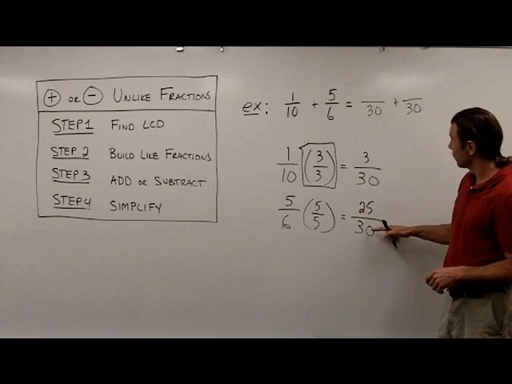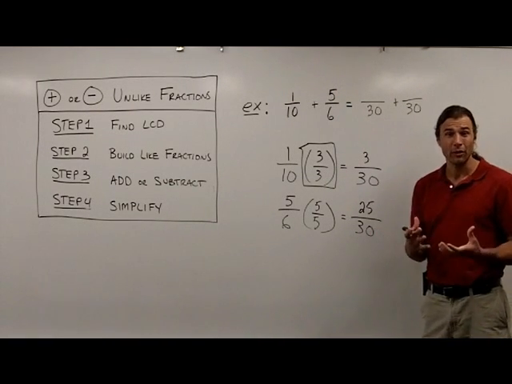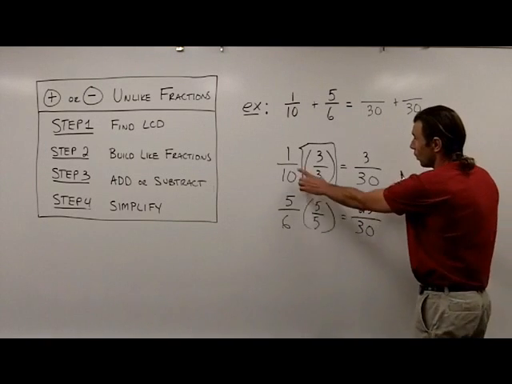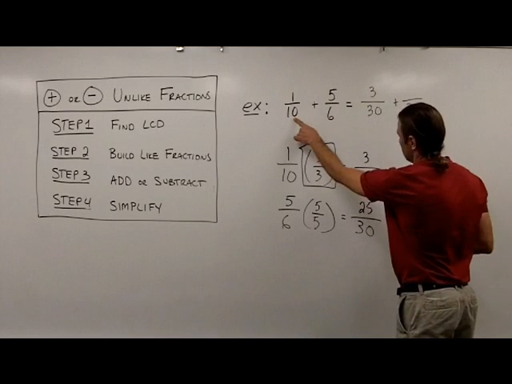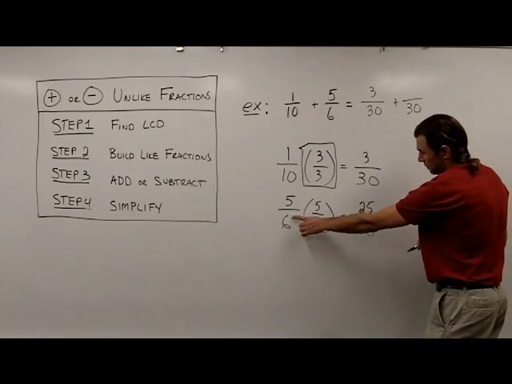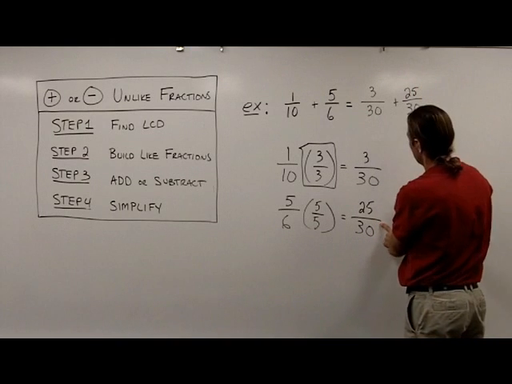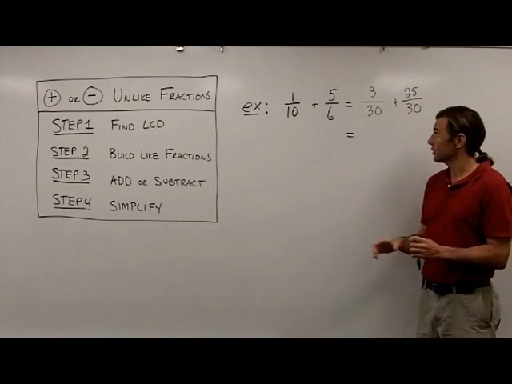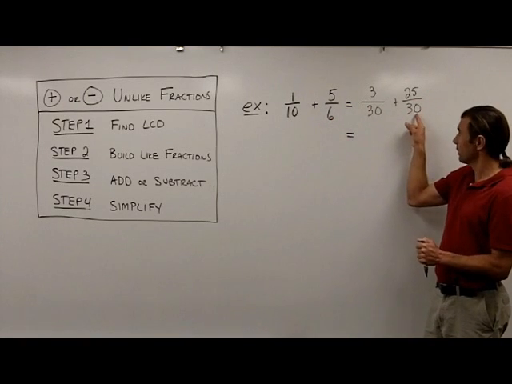So now I'm ready to add these fractions. Now they both have a common denominator of 30, and they're like fractions. So 1/10 is now going to become 3/30, and 5/6 is now going to become 25/30. I've built the like fractions. 1/10 is equal to 3/30. 5/6 is equal to 25/30.